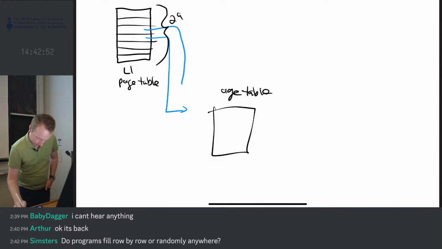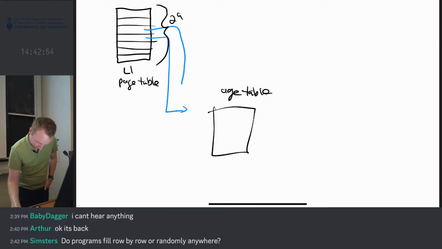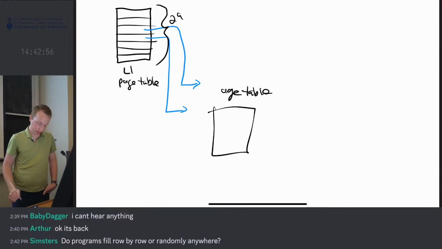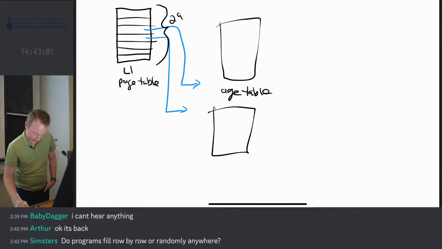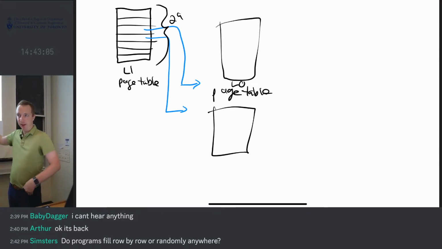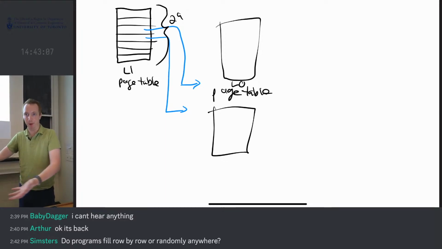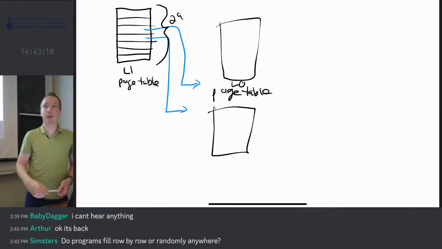So I could craft it such that two addresses correspond to two different entries in the L1 page table, in which case to translate them, I would need two L0 page tables because they don't correspond to the same one, right? Yeah.